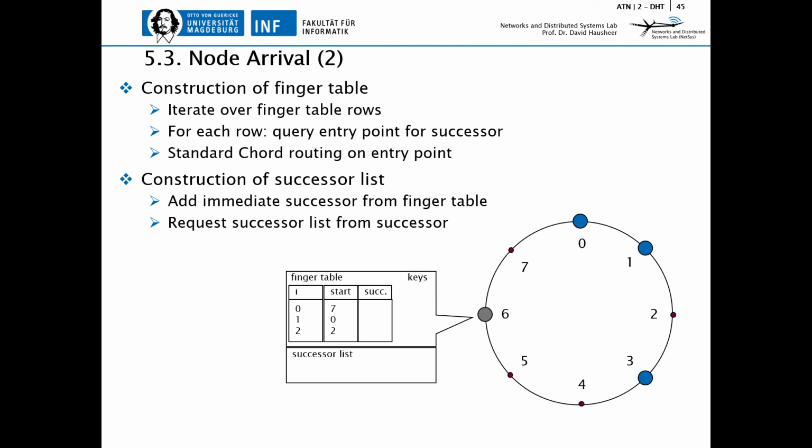And we can just use simple standard Chord routing to look up this information from the existing Chord DHT. In this example, we see that we need to look up the successors of ID 7, ID 0, and ID 2, following the mechanism that we have described earlier.